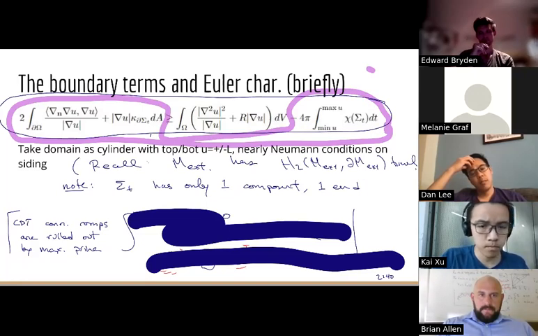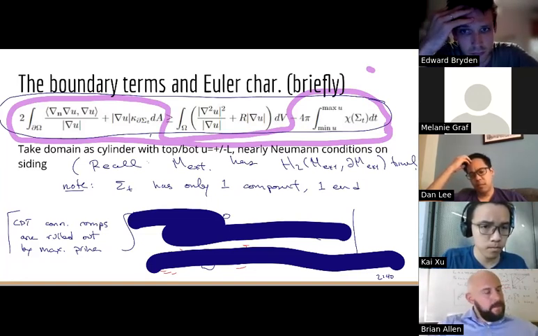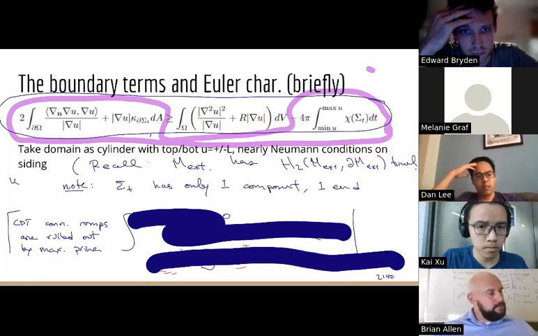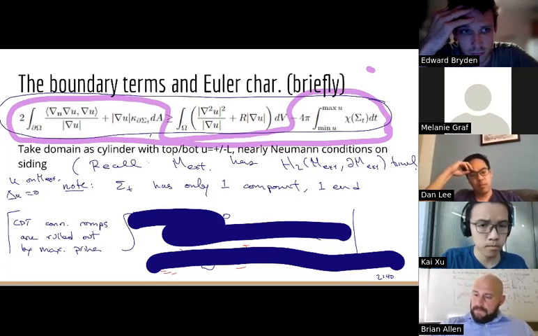It's R3 minus some balls, has no homology relative to its boundary. Okay, in this context, we've got a U on M exterior, which is harmonic, and it has Neumann boundary conditions.